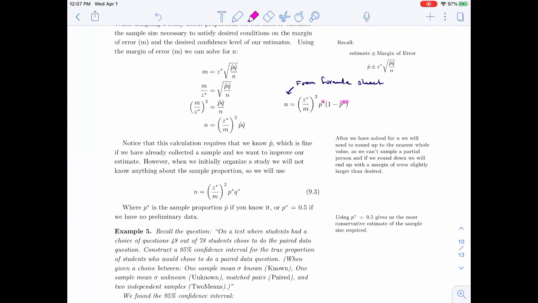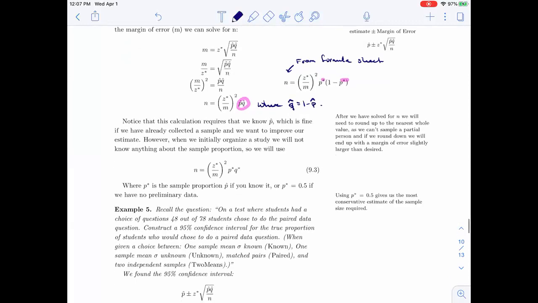And here we're talking about P hat Q hat, where Q hat is 1 minus P hat, of course. One thing to notice is the difference between these two. Here I'm talking about P hat, here I'm talking about P star.